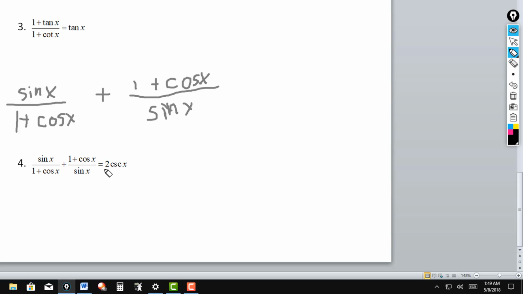Okay, so we're trying to get 2 cosecant of x. Well, if I get 2 over sine of x, that's the same thing, because cosecant of x is 1 over sine.